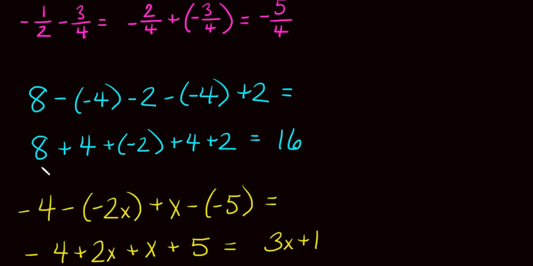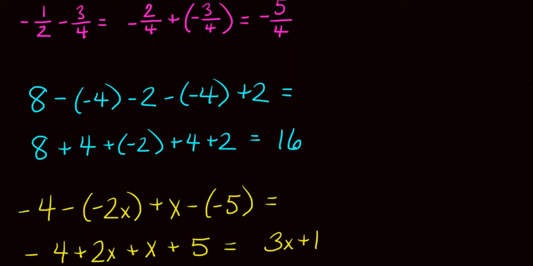This will be 8 plus the opposite of what's in here, which is 4, plus the opposite of 2, which is negative 2, plus the opposite of negative 4, which is 4, plus 2. And when we add all that up together and take these two away, we get 16.